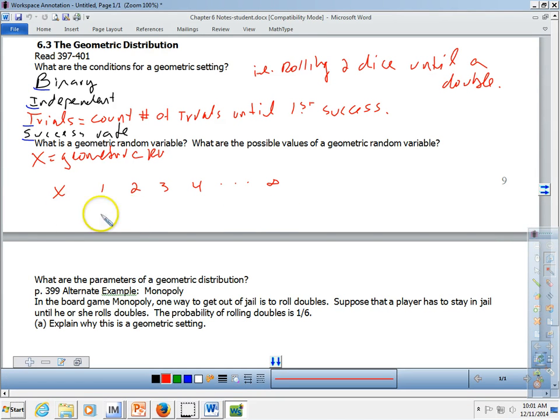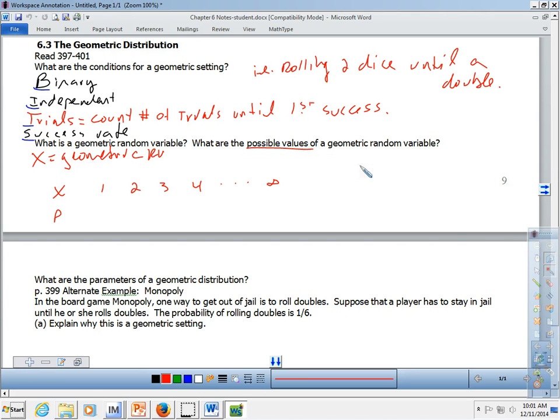Now, each outcome still comes with its own probability, so we could do a distribution. Only problem is we'd never be able to finish it because the possible values go all the way out to infinity. So those are your possible values.